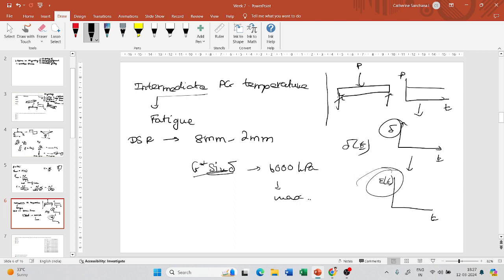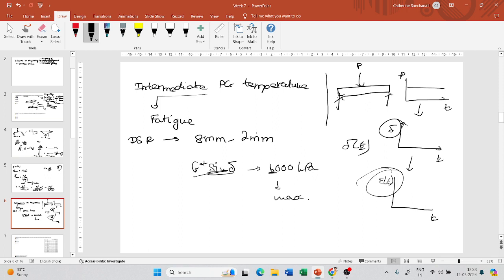There are two things that need to be noticed here. In all the lectures, sir would have spoken about 5000 kPa, and here I'm telling you that the maximum allowable value of G star into sine delta is 6000 kPa, because the ASTM code has been recently revised in 2023, and they have changed the value from 5000 kPa to 6000 kPa.